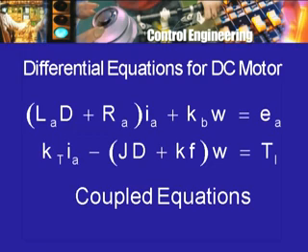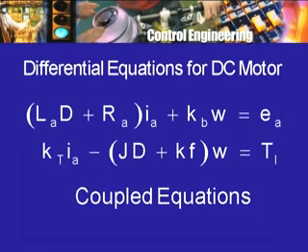If these were some numerical coefficients or symbols, then what would one do? One would say that here is KT IA, here is this multiplying IA. So, multiply this by some suitable quantity and multiply this by a suitable quantity, and then choose those quantities in such a way that the IA term cancels out, and that leaves you only with the omega terms. And of course, on the right hand side you will be acting upon EA and TL respectively.